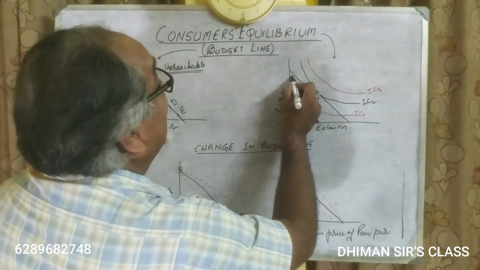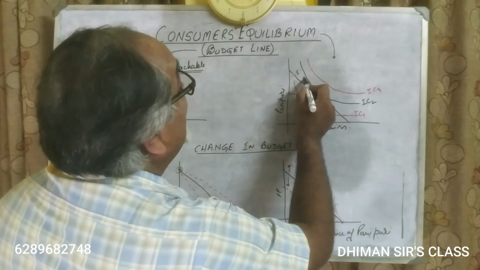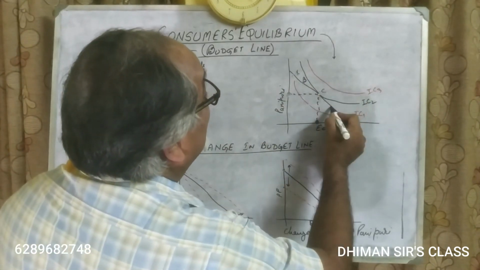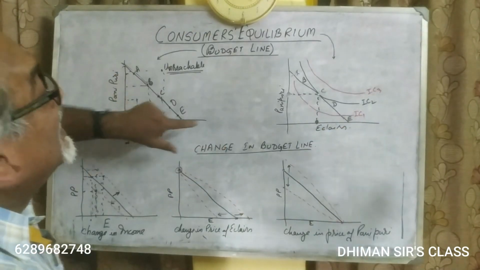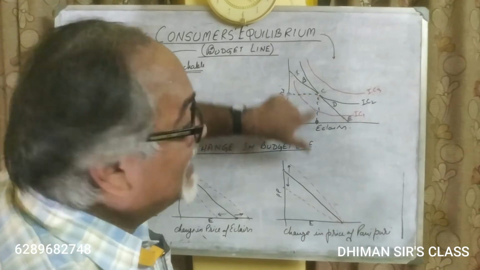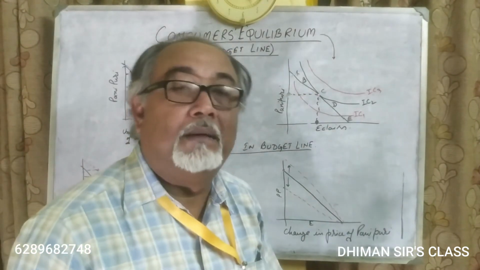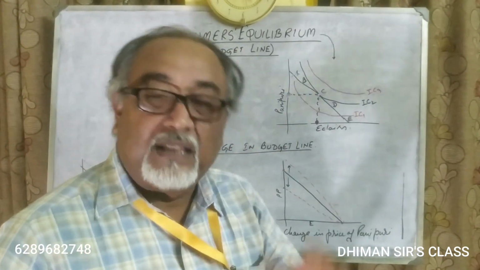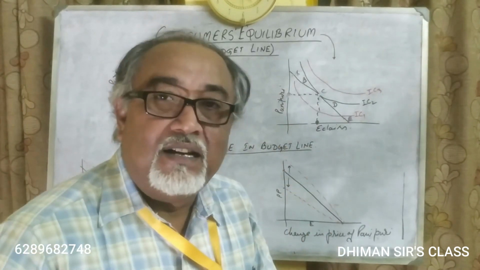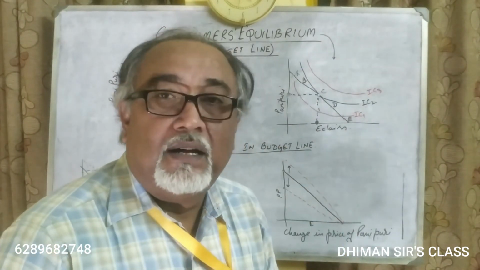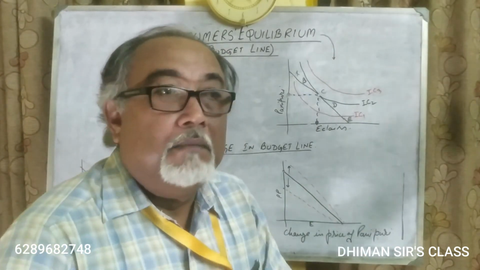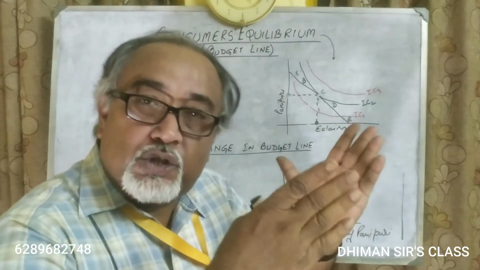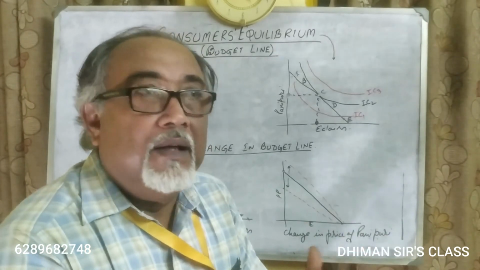Suppose this was A, this was B, this is C, this is D, and this is E. So the C combination gives me the maximum satisfaction. Thus, we decide what would be our consumer's equilibrium point, means where I will stop consuming.